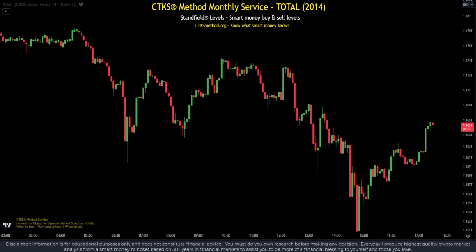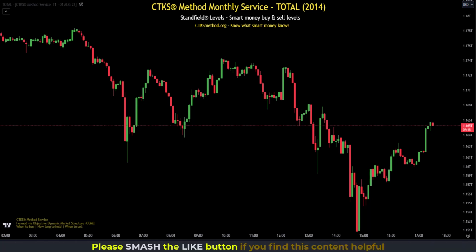But what impacts total and Bitcoin is the S&P 500. What impacts the S&P 500? Yields, the US 2-year, the US 10-year, as well as the DXY and the VIX. That's why we say all charts are intercorrelated and interconnected, as all markets are intercorrelated and interconnected too.